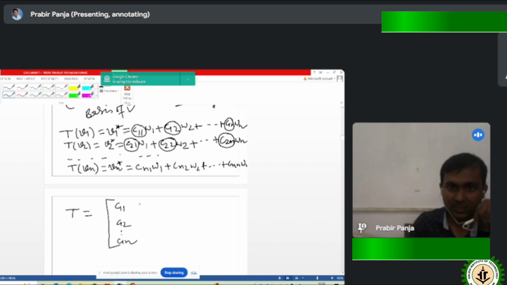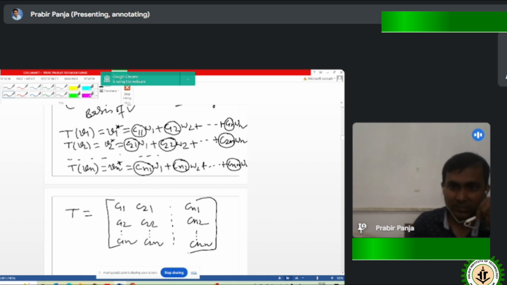So this will be C21, C22 up to C2n. In this way, we can go to the nth equation, and in the nth equation, the constants are Cn1, Cn2, up to Cnn. So we'll write here Cn1, Cn2 up to Cnn.